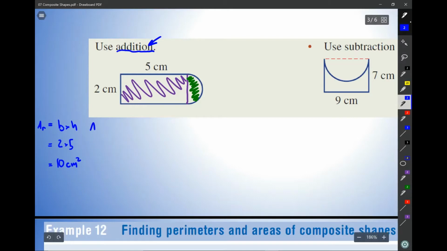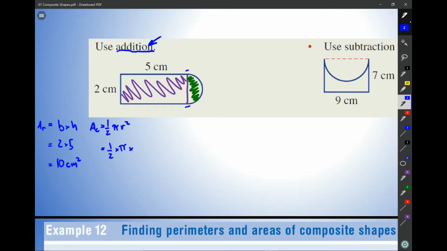Now, if A_R was the area of the rectangle, A_C is going to be the area of the circle. Now, what's the formula for the area of a circle? We just used it. It's pi r squared. But remember, we have a semicircle here, so we have to remember that we're only wanting half the area of the circle. Now, we're not given r, but we know the whole distance is 2 centimeters.